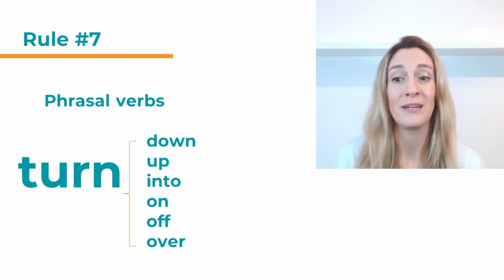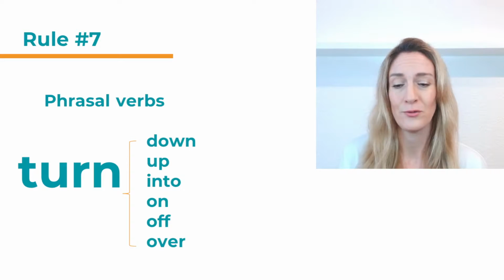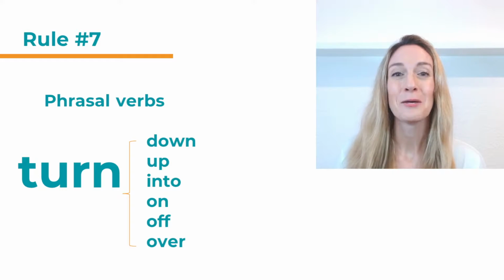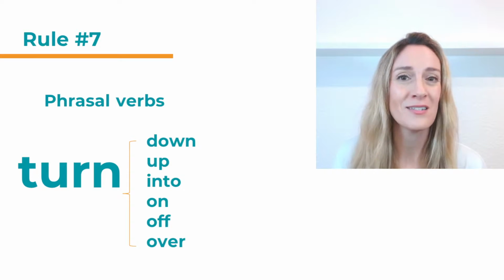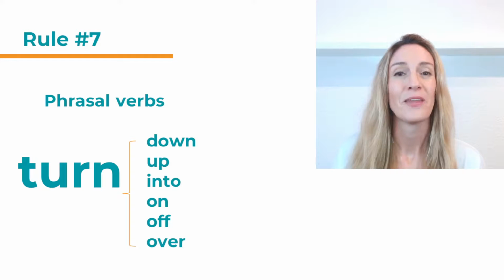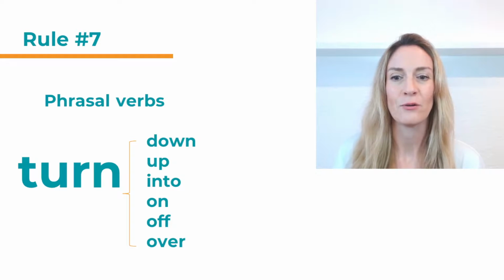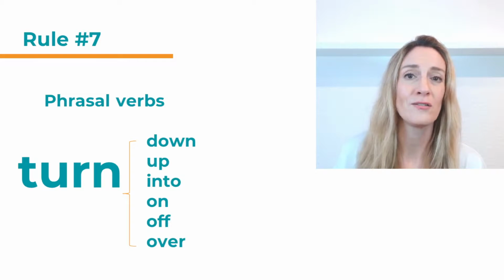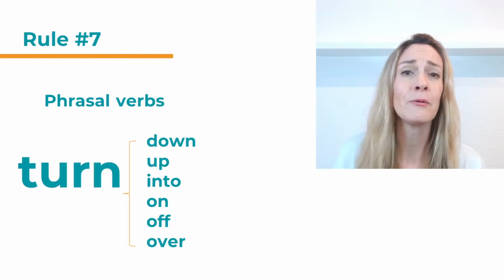Turn is a verb in its own right, on its own. Turn just means really to, like if I turn around. But we can combine it with lots of different particles and the meaning changes. So you've got turn down, turn up, turn into, turn off, turn on, turn over, and even more.